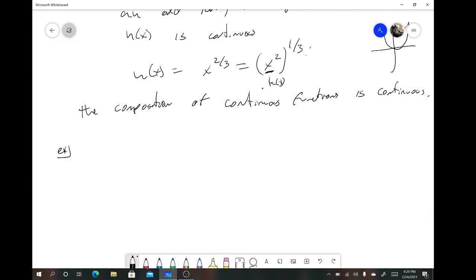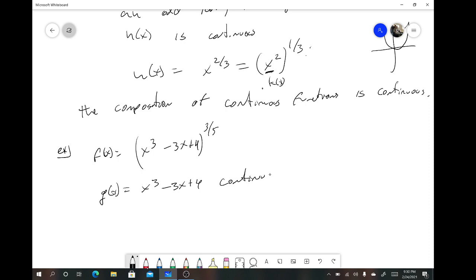I'm going to do another example just so maybe we could drive that home. So let's say f of x is now equal to x cubed minus 3x plus 4, raised to the power 3/5. Once again, the inner function I'll call g of x is x cubed minus 3x plus 4. This is continuous because it is a polynomial.